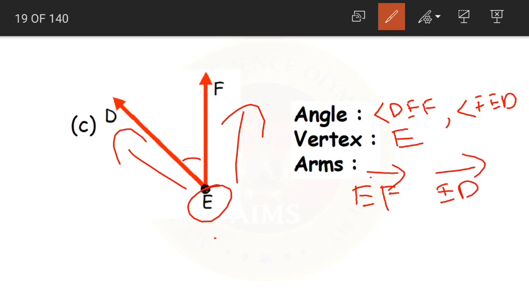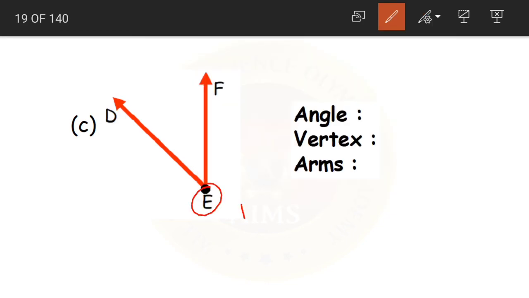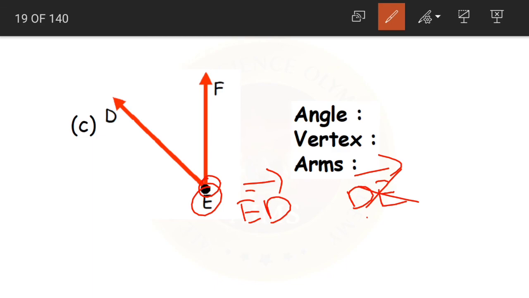Also while writing the ray name, children, start with the name of the point and then end with the other point. Understood? Write the name as ED but not as DE. So first write the vertex point and then write the letter of the side which is extending indefinitely.